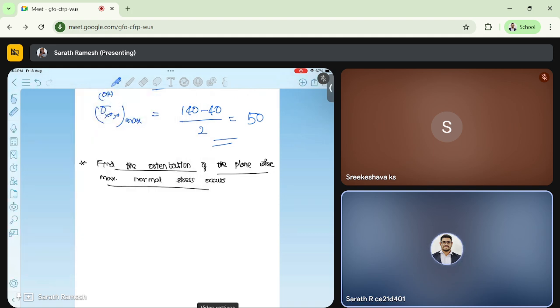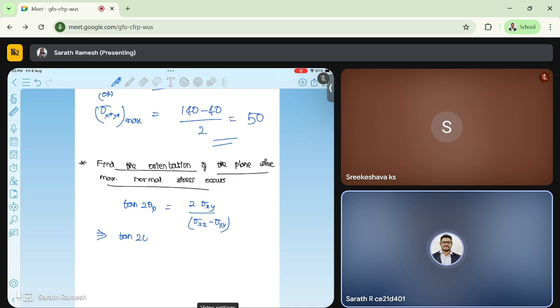Tan 2 theta p is equal to 2 sigma xy by (sigma xx minus sigma yy).